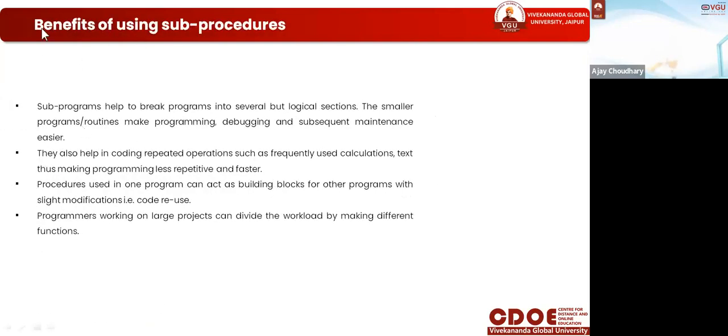Why do we use these subprograms in our programming? They help us define our logical sections in several ways. Smaller program routines make programming, debugging, and subsequent maintenance easier. When we write our subjective answers in exams, we define them by top level and bottom level. We hint at the main technical part, follow a small paragraph, and then write.